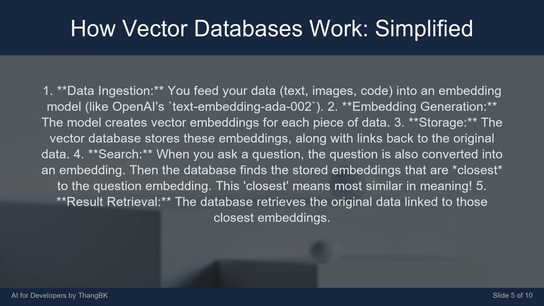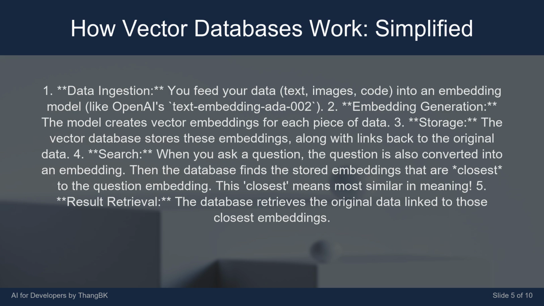1. Data ingestion. You feed your data, text, images, code, into an embedding model, like OpenAI's text-embedding-ada-002. 2. Embedding generation. The model creates vector embeddings for each piece of data. 3. Storage. The vector database stores these embeddings, along with links back to the original data. 4.